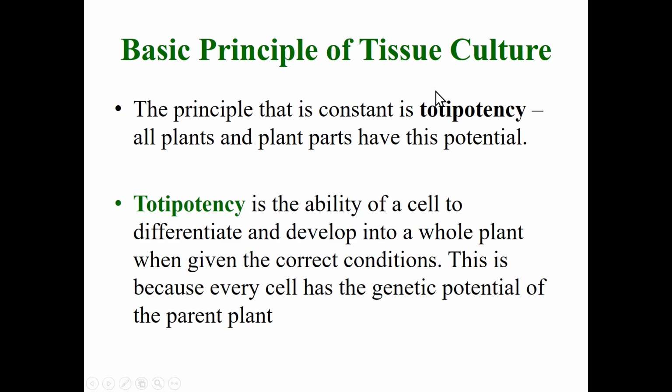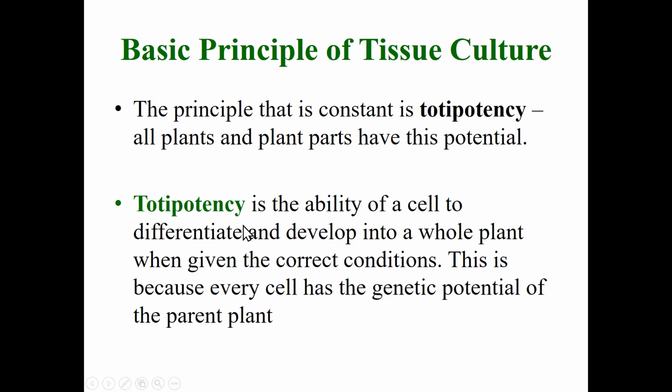But plants have totipotency. For example, the embryo of an animal is totipotent. This is why after fertilization, a single cell can develop into a whole organism. As a plant is totipotent, tiny parts, even a single cell of a plant, can be grown and developed into a whole plant.